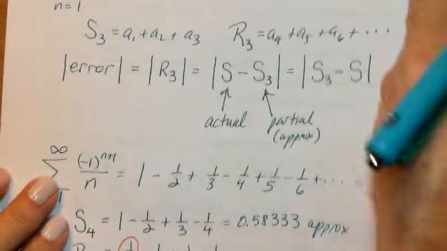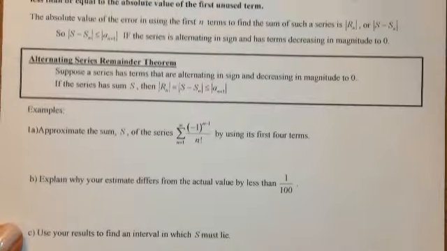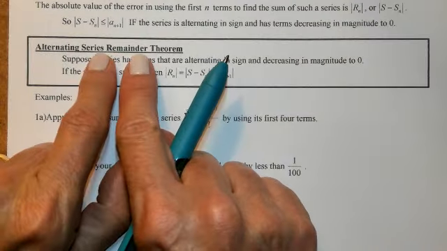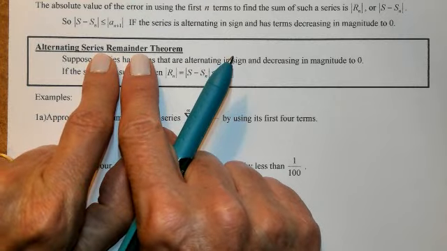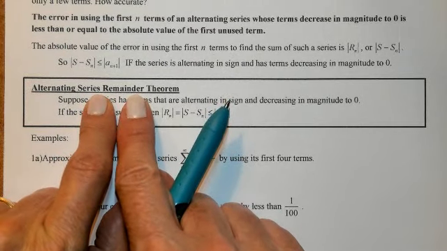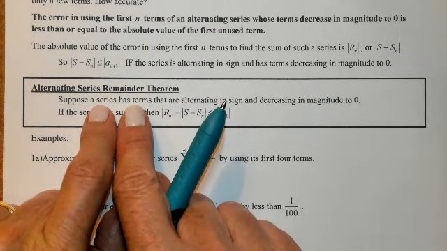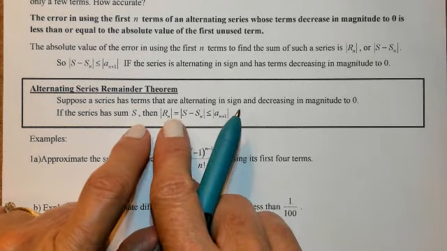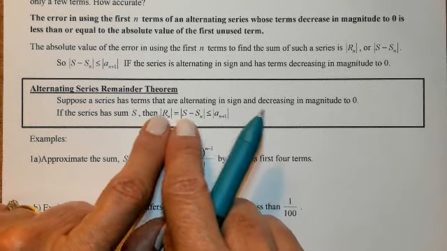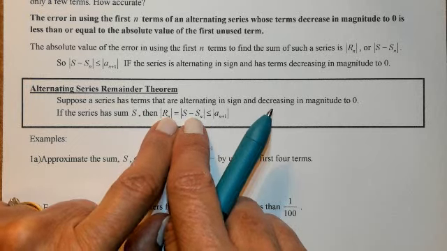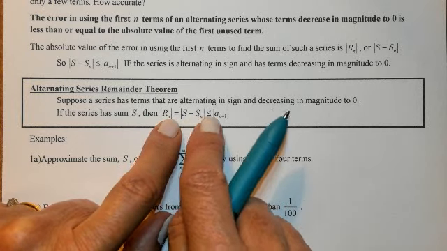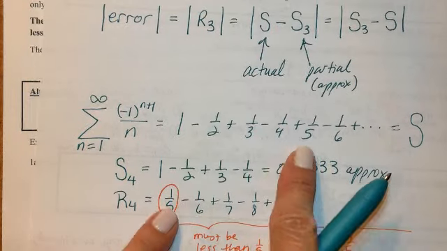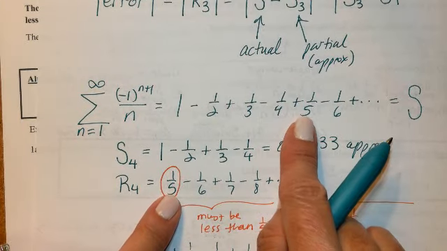So what we have found out is that in an alternating series that is converging, the remainder, which is the error, another way to write the error, the error is always less than your first omitted term.